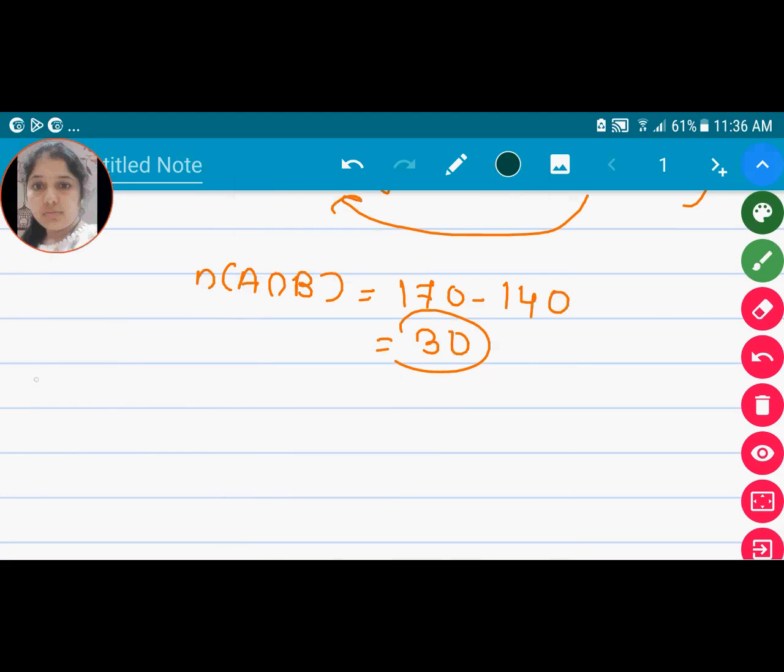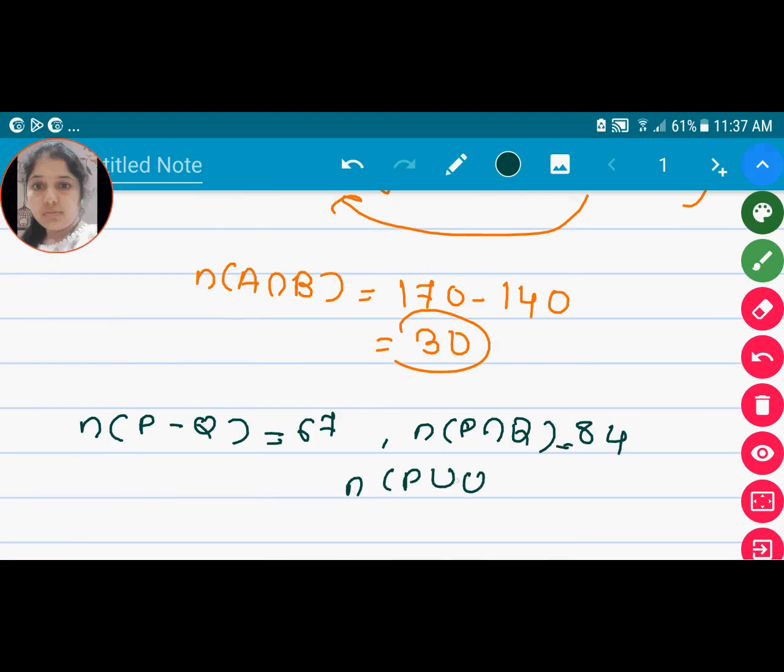Number of elements in P minus Q is equal to 67. Number of elements in P intersection Q is given to us, which is 84. Number of elements in P union Q is 210 and number of elements in Q is asked.